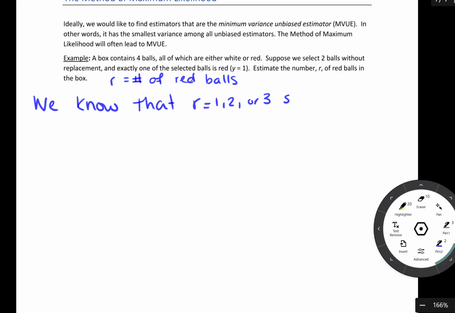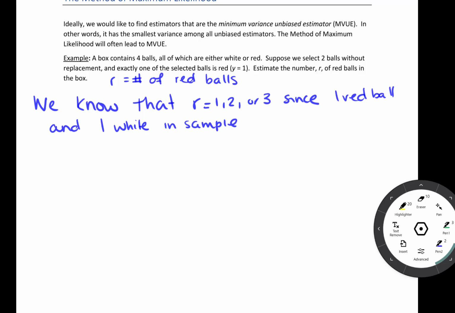And again, this is because there was 1 red ball and 1 white in the sample. Alright, so notice what we could do is we could look at those 3 possibilities, R equals 1, 2, or 3, and see what is the probability that when we select 2 balls, we get 1 white and 1 red.